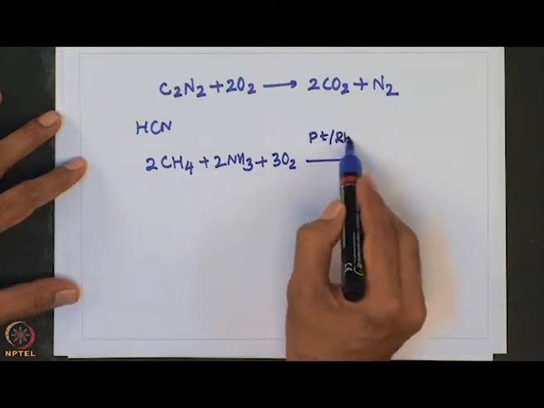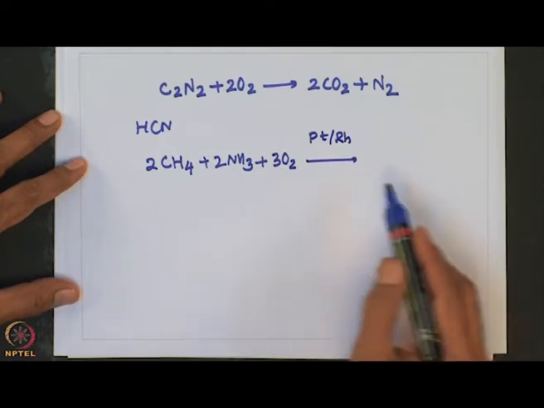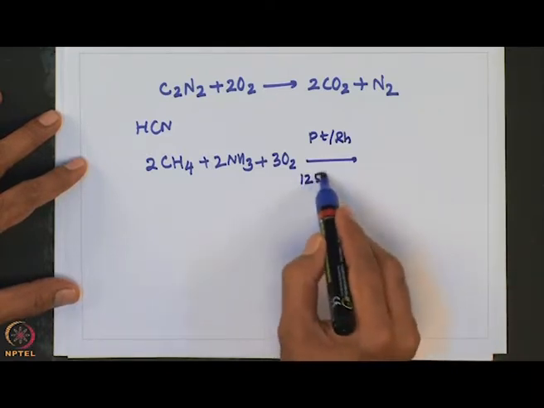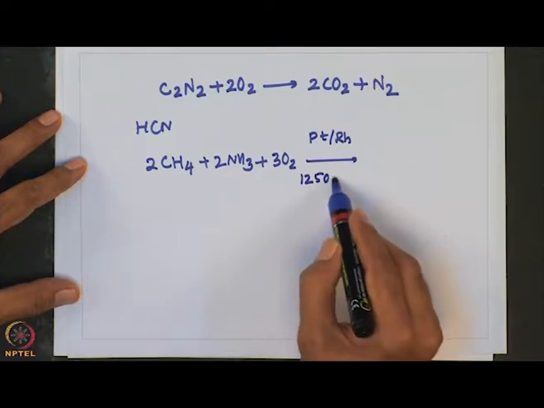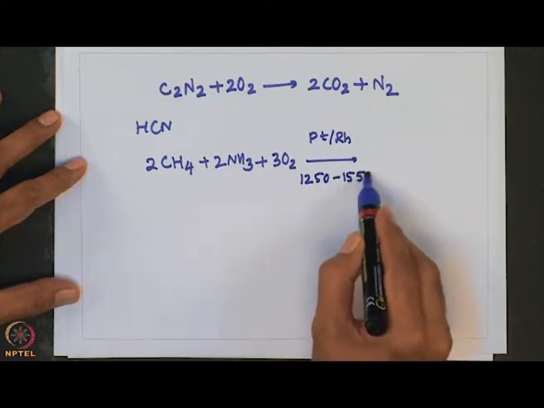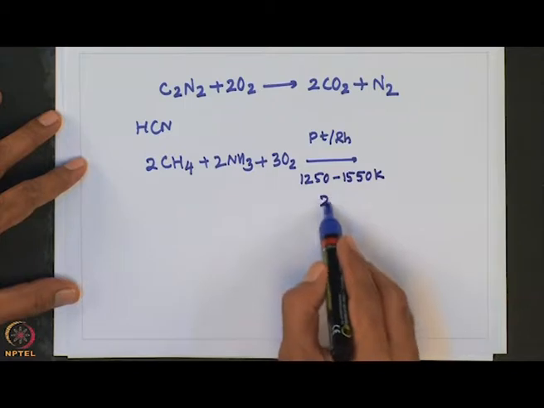Platinum or rhodium catalyst, and the temperature required is very high, 1250 to 1550 Kelvin, and 2 bar pressure.